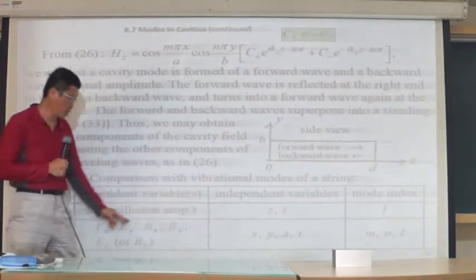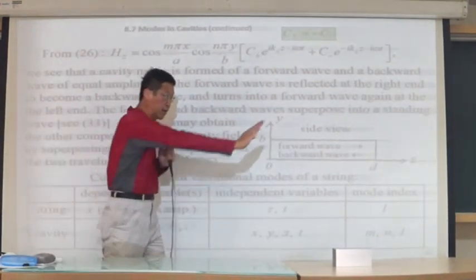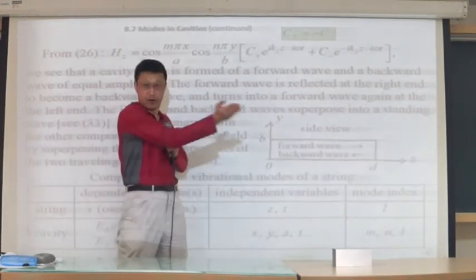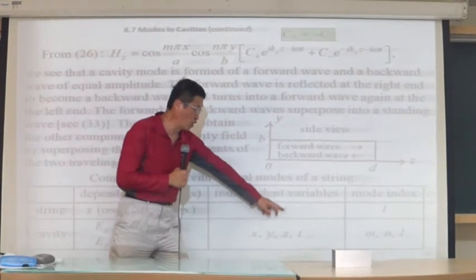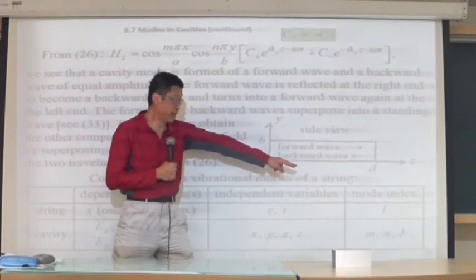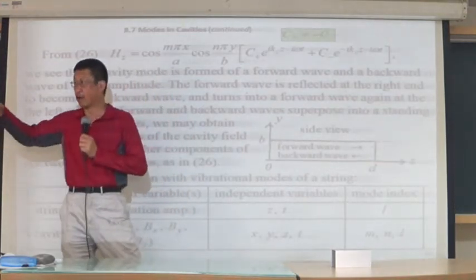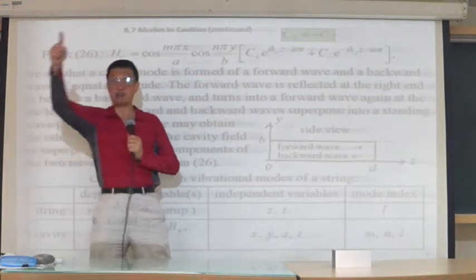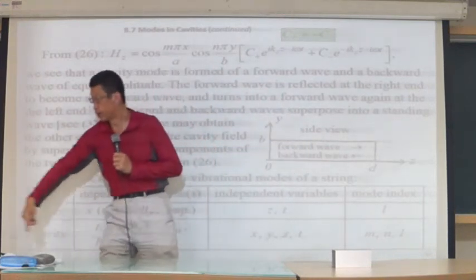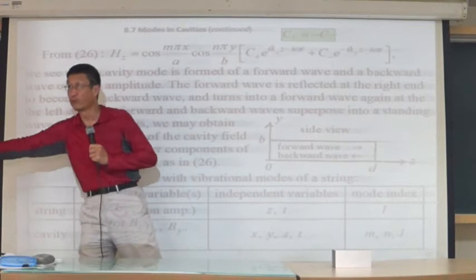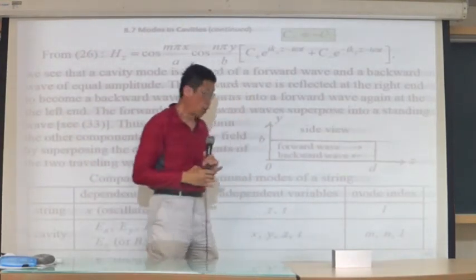In this case, the wave propagates in the z direction and bounces back. The independent variables are just z and t, and the mode number L will be quantized. The fundamental mode L equals 1 is sinusoidal, something like that, L equals 2 is something like this, and L equals 3 is like that. 1, 2, 3.